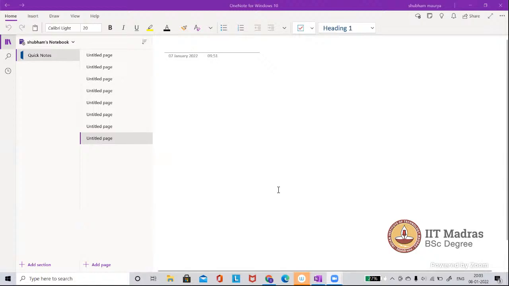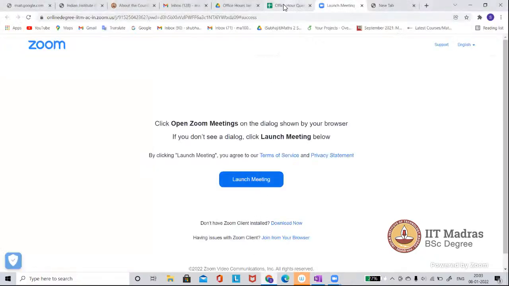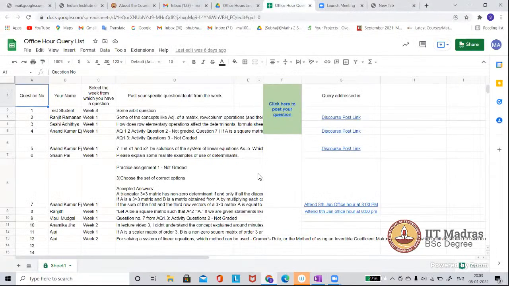So the question is asked by Anand, which is from the week one practice assignment, and the second question is asked by Ranjit, which is also from a week one activity question.